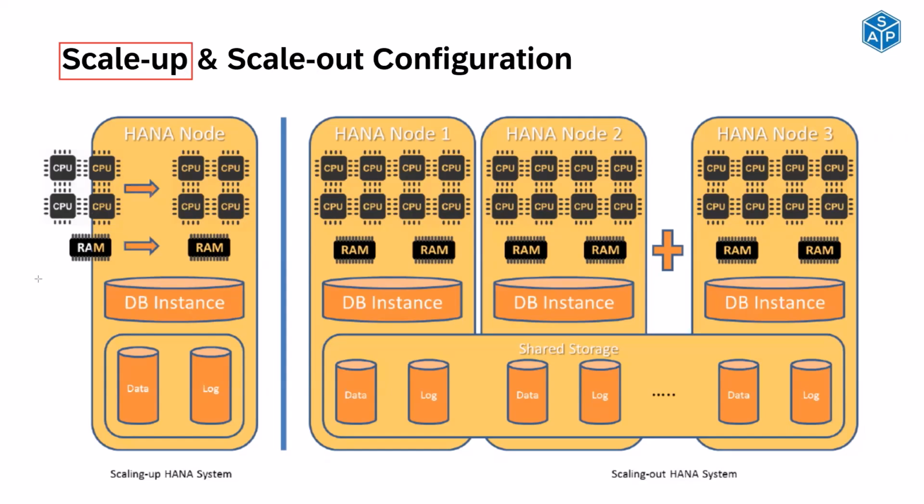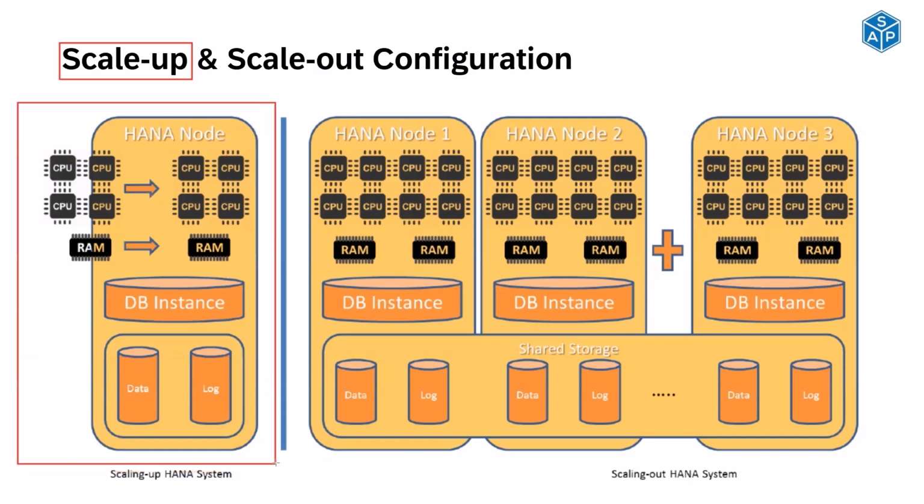So here is an example of your system on the left hand side. This is an example of a scaling up HANA system. Here you have your persistent storage and your DB instance. Now you have this HANA node.